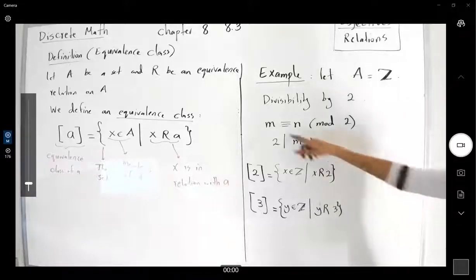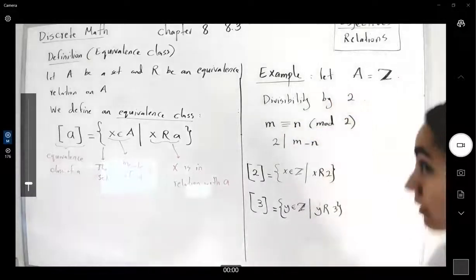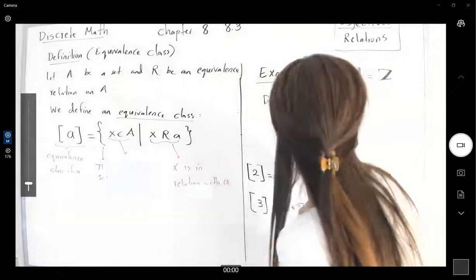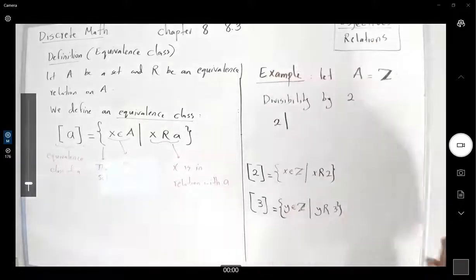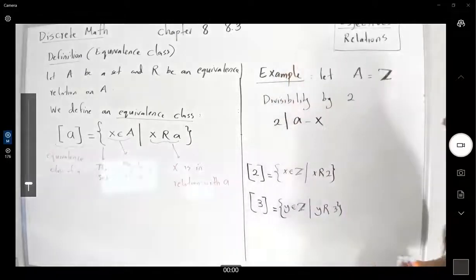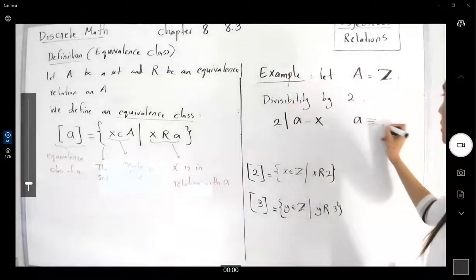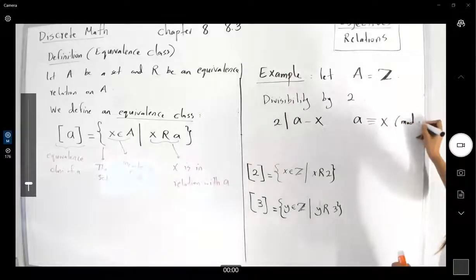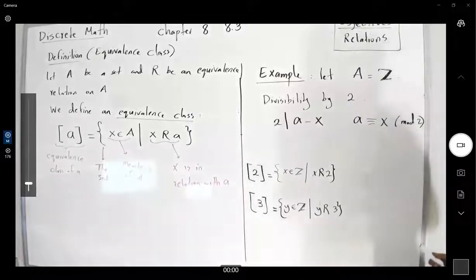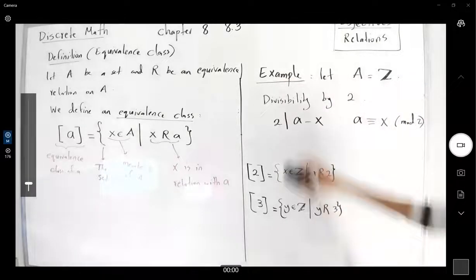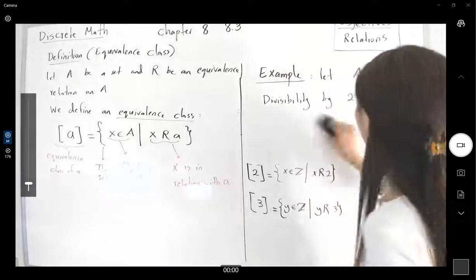Let me define this relation, divisibility by 2, this way, saying that, hey, 2 divides a minus x, or a is congruent to x mod 2. You can rewrite it this way as well. Okay, perfect. So x is in relation with 2, and this relation is divisibility by 2.